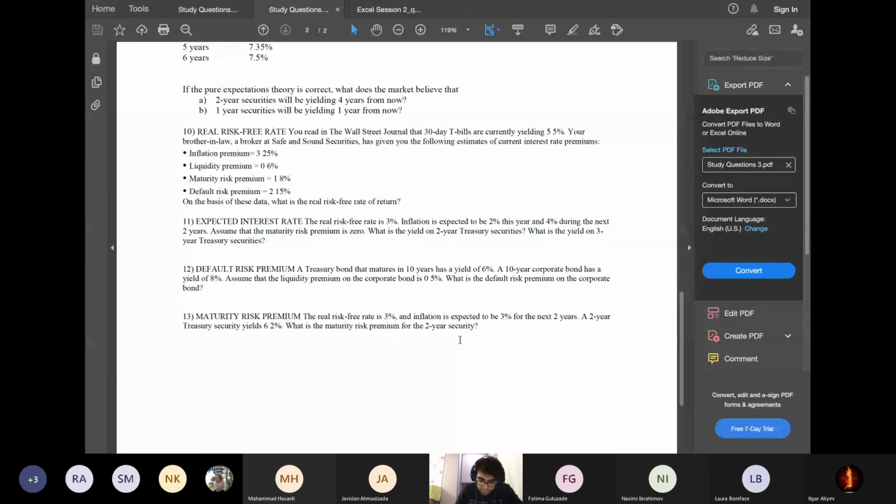And for corporate, R is RF 6% plus liquidity LP plus default is equal to 8%.